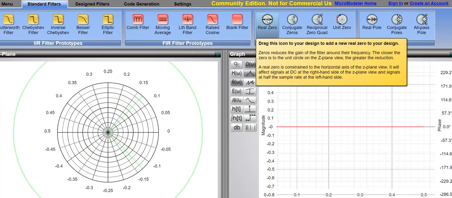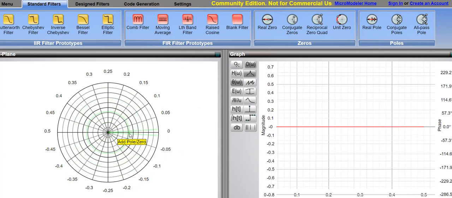Let's design a real zero. I'm putting a real zero here, and the real pole at the center. Of course, this is not perfectly at the center. If we put it at the center, then what we have found, if we look at the phase value.